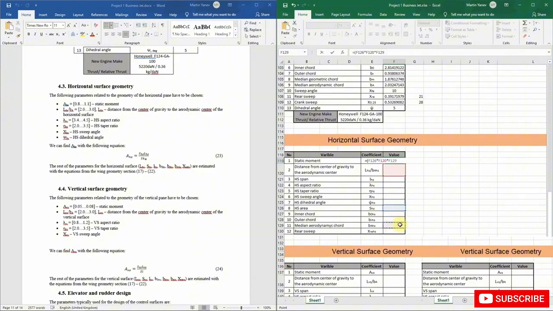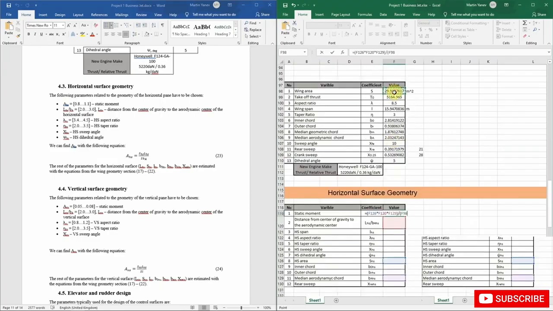In that way we get LHS, if it makes sense. The whole expression should be divided by bracket S of the wing, multiplied by the BA, which is the median chord of our wing. So this is multiplied like this, and now we have our equation. For now it's equal to 0 because some of the values here we don't have yet.